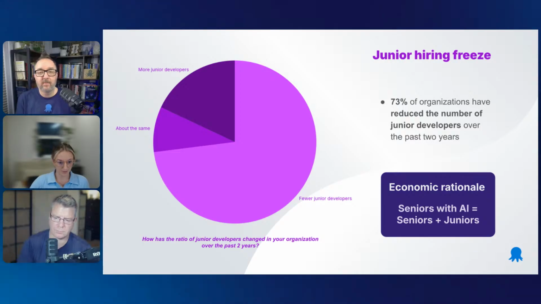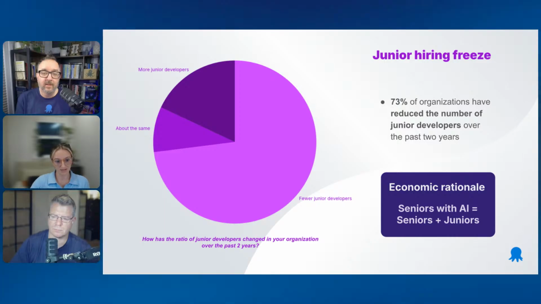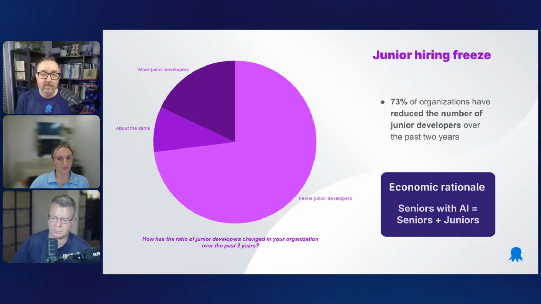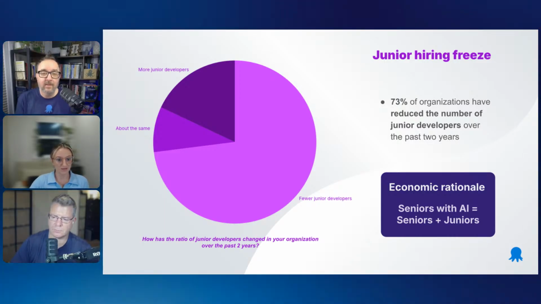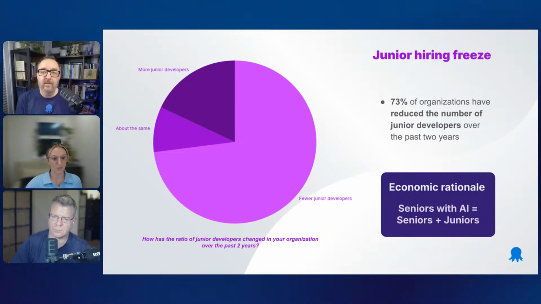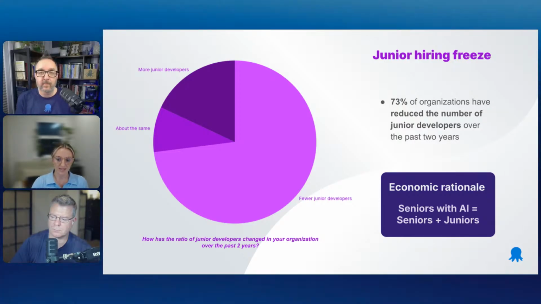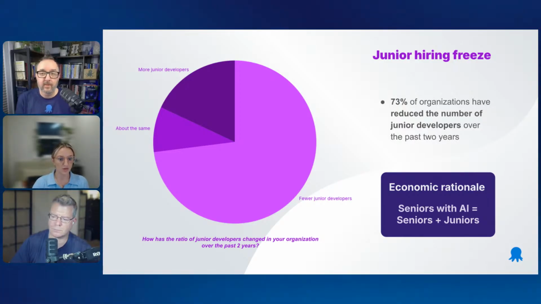So there is a trend to reduce the number of junior developers because AI is doing their tasks, right? The economic rationale that organizations are opting for is that seniors with AI equals seniors plus juniors.